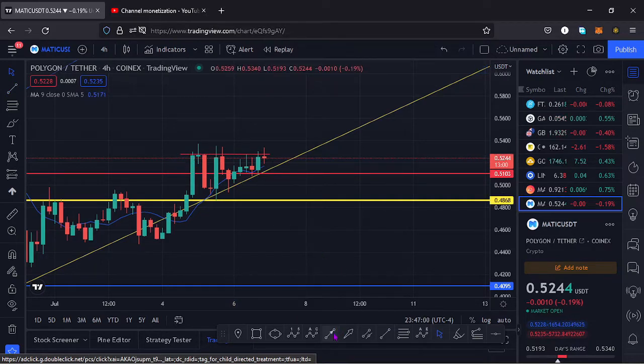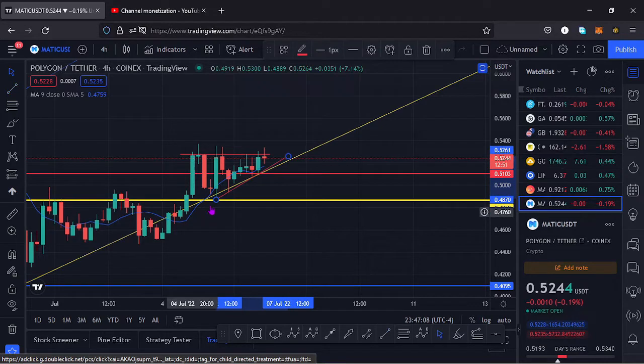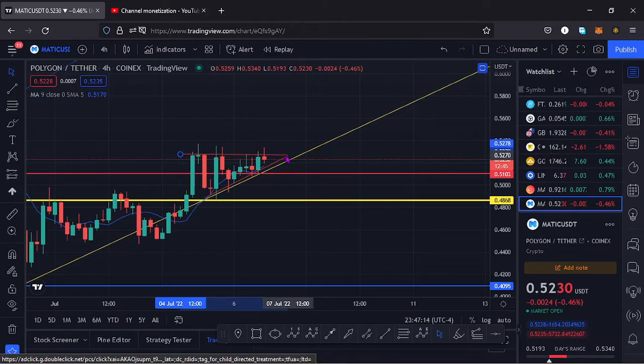Then I also have a trend line from this point running up that way. And by so doing, you can see that here we have the formation of this triangle over here, and the price of Polygon Matic has continued to push to the apex of this triangle, and soon we might see a breakout to the upper side.